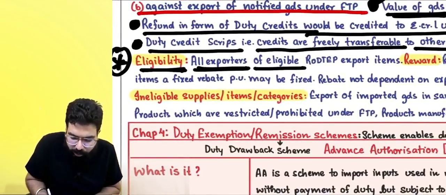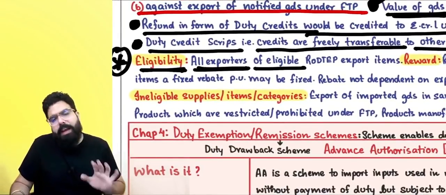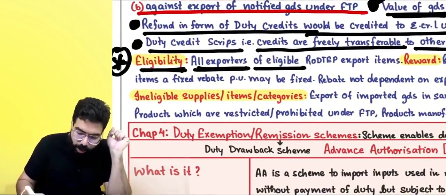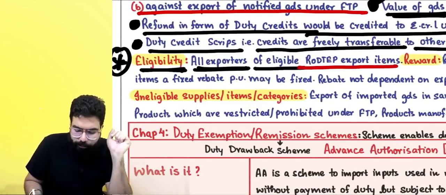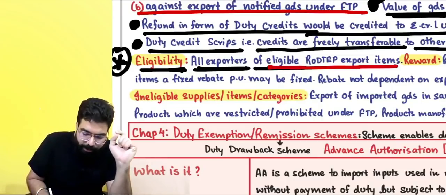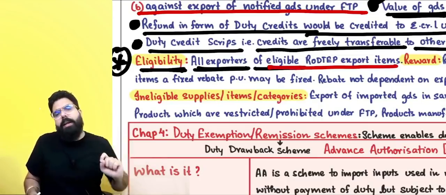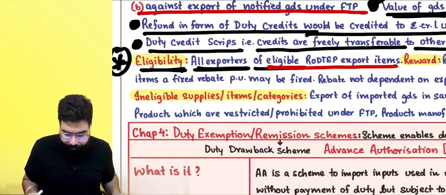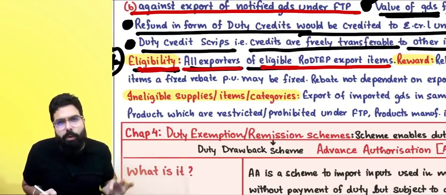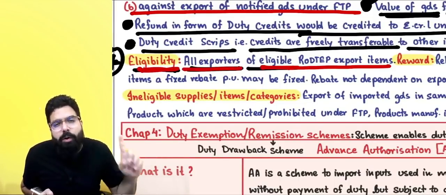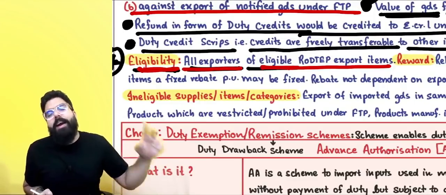Next, sir, eligibility. All the exporters are eligible. All the exporters of RODTEP export items are eligible. Who are eligible, everyone? All the exporters who are exporting RODTEP export items.